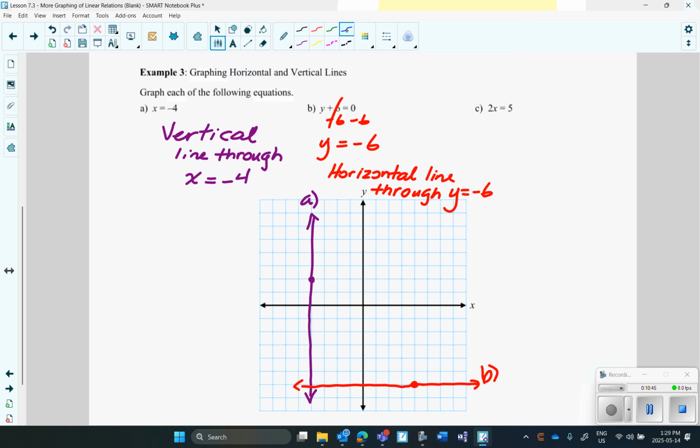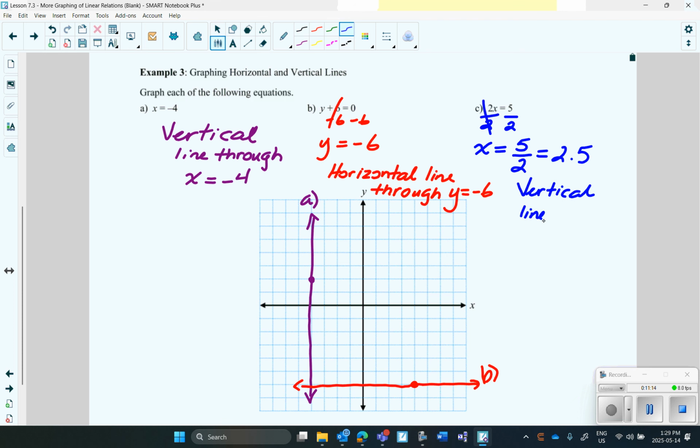What to do to C? I'm going to solve for x, or divide by 2. And I get x equals 5 over 2, which is the same thing as 2.5. I know we haven't graphed many decimal coordinates, but 2.5 is pretty easy. Vertical or horizontal? Vertical. Gotta remember the difference between these two.